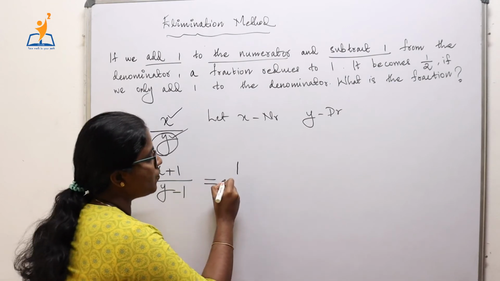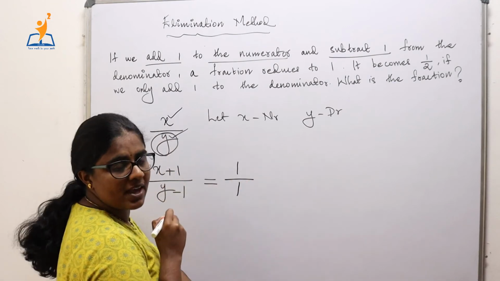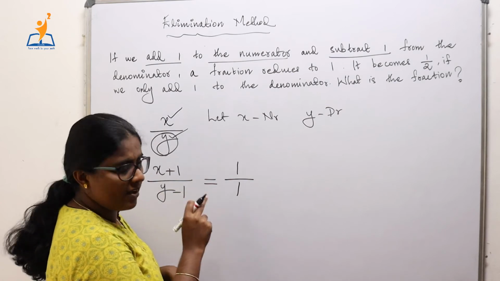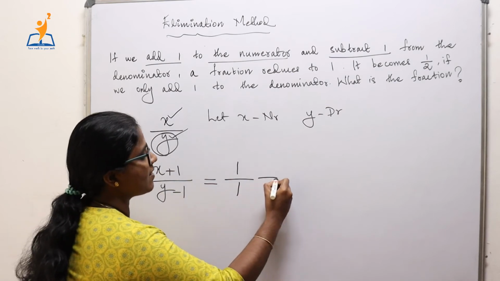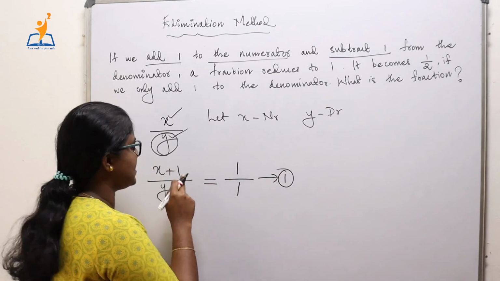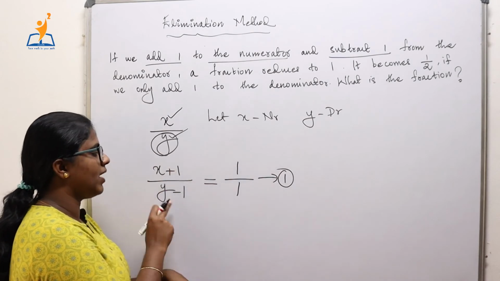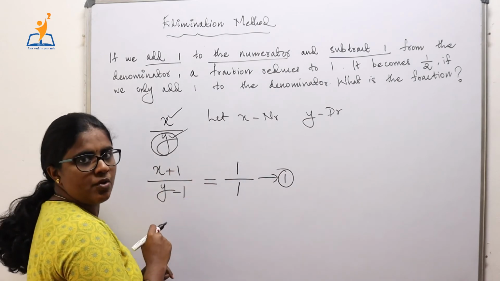We know that 1 can be written in fraction form like 1 by 1. Now this is our first equation, that is (x plus 1) by (y minus 1) equals 1 by 1.